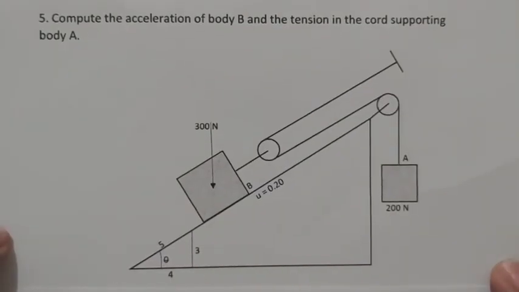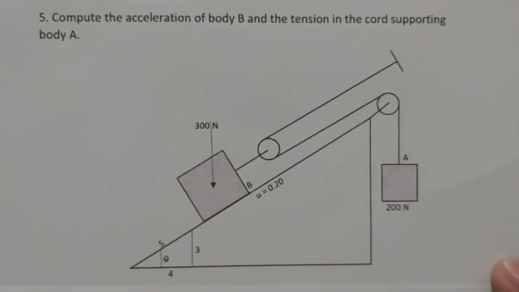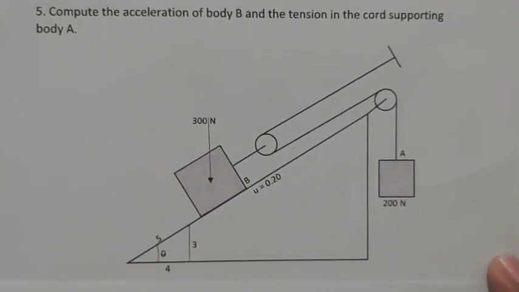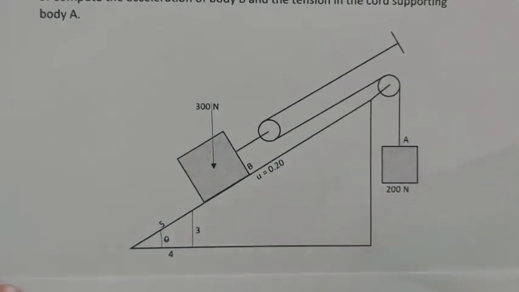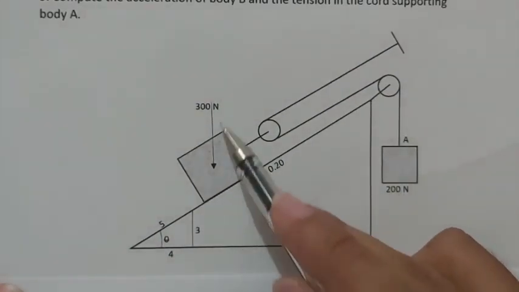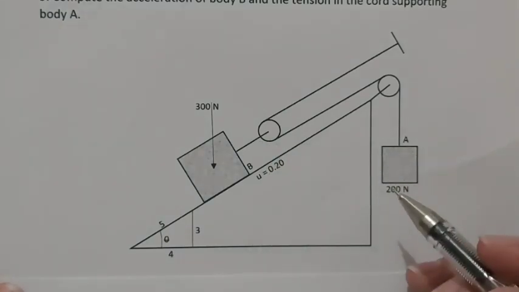Okay, for problem number 5, compute the acceleration of body B and the tension in the cord supporting body A. So first na gagawin natin is, kunin muna natin yung mass ng ating block A and then our block B. Makita naman natin yung ating mga given values dito sa ating diagram.